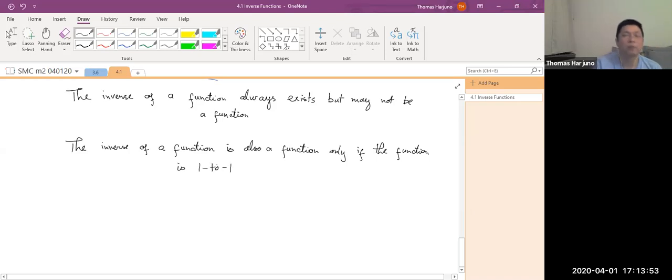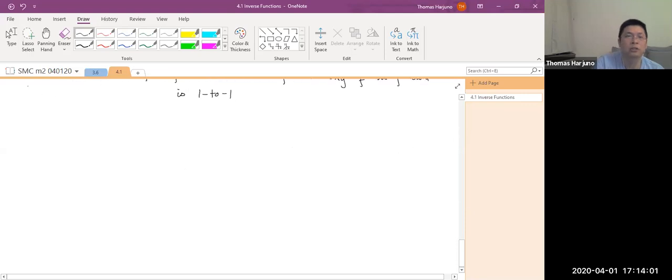Before we talk about the inverse of a function and one-to-oneness, let's talk about what an inverse function is first.